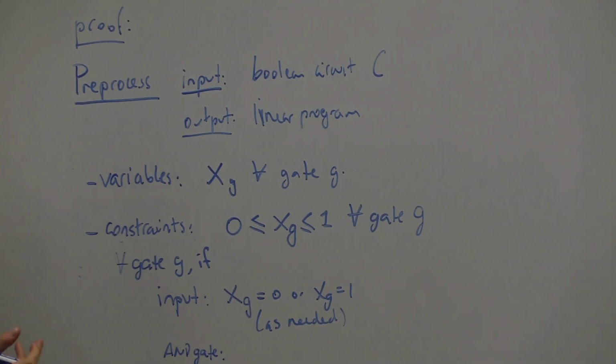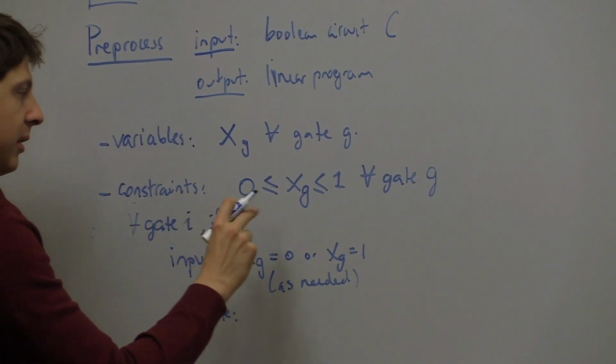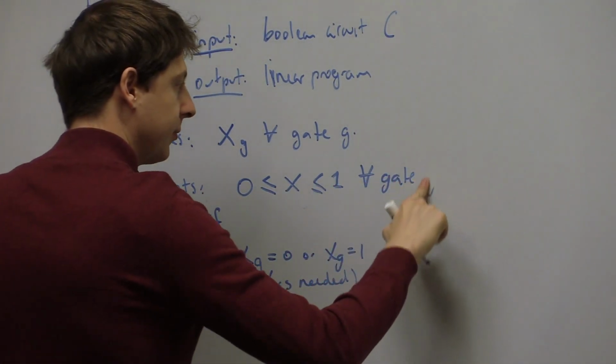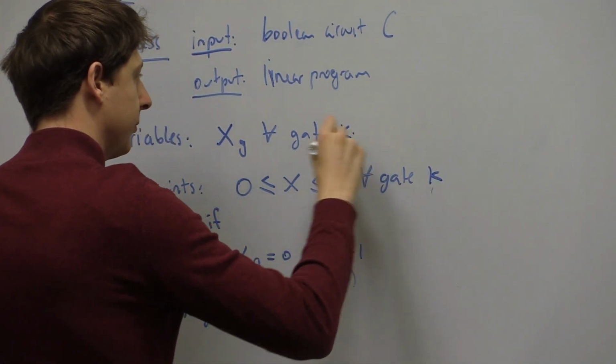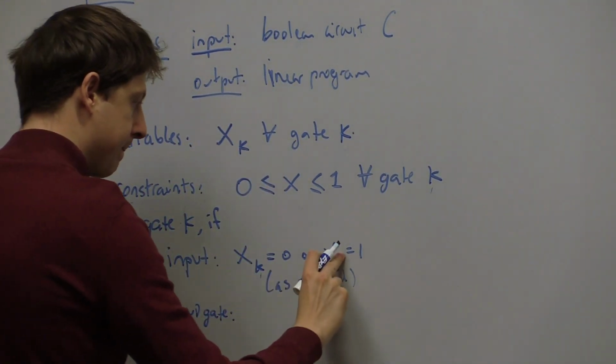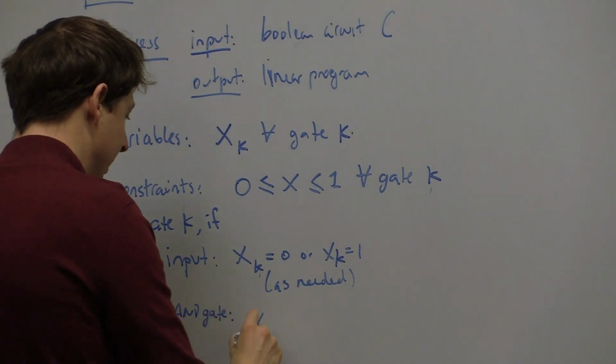Because we have this AND computation, which doesn't look like a linear constraint. Here I'll call the gate k. An AND gate involves a computation that doesn't a priori look like it's linear. But here we can use a trick where we have a collection of linear constraints that simulate an AND computation. I'm going to write it down first, and then we can reason about it.